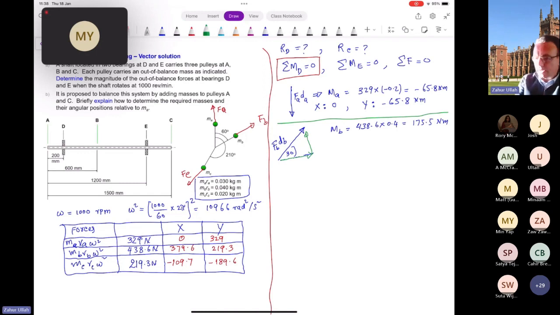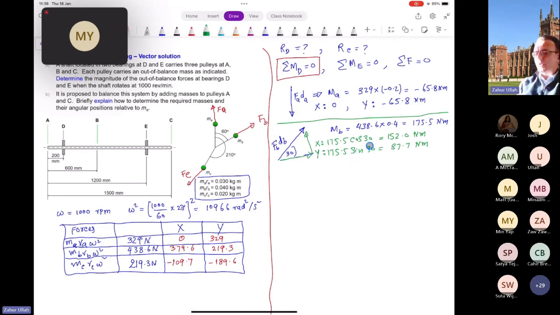The X component will be equal to 175.5 cos 30, which is going to be 152.0 Newton meter. And then the Y component is going to be 175.5 sine of 30, and this will be 87.7 Newton meter.